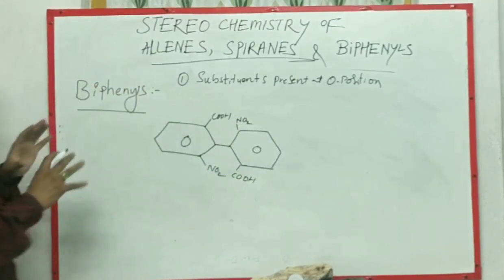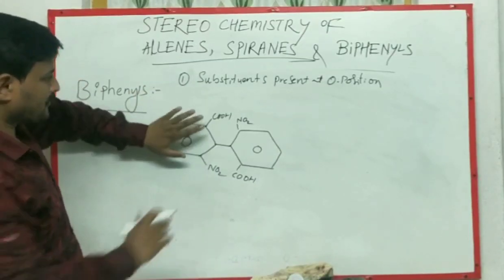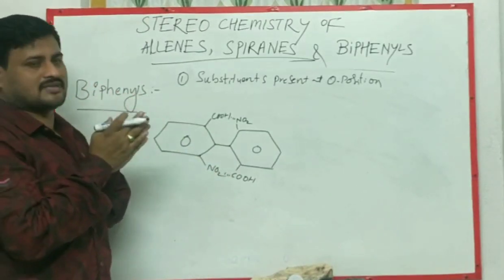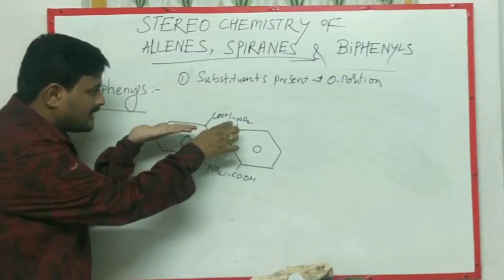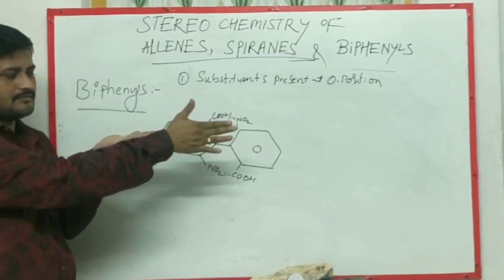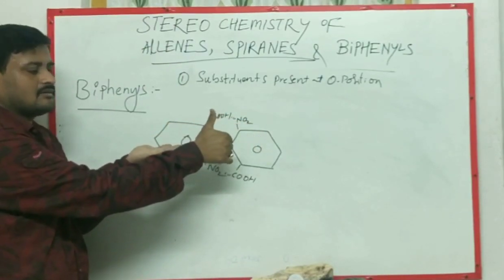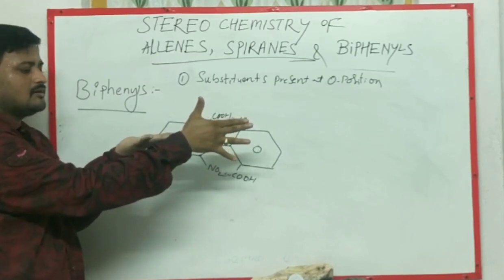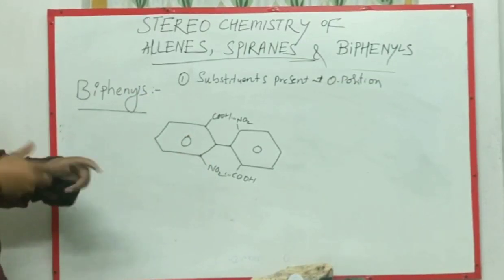Between these two groups, steric hindrance forms, and simply repulsions are produced. Because of the repulsions the groups turn like this. This plane is like this, the second plane is like this. Clear? In this way, restricted rotation forms.